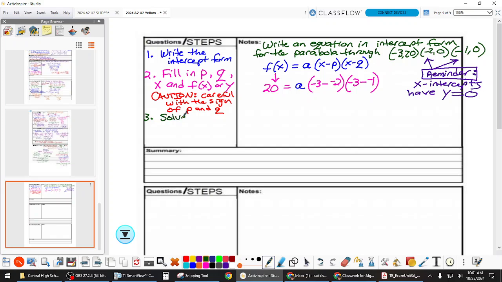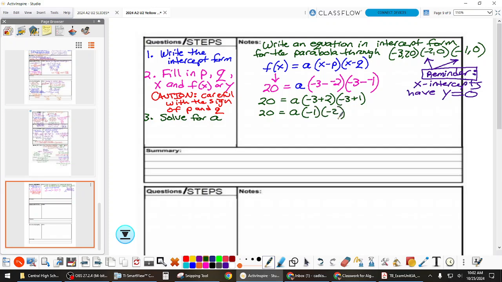And then solve for A. Just to be careful with this, I would rewrite this as plus on both of them, in this case. So negative 3 plus 2, negative 3 plus 1. And then just take your time, that way you don't mess up.